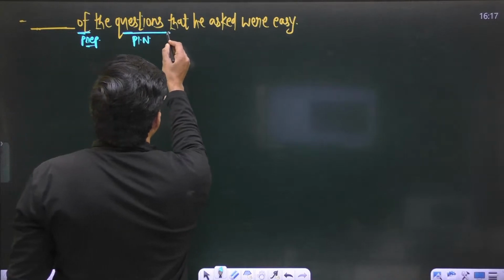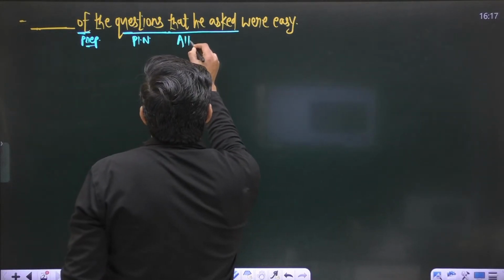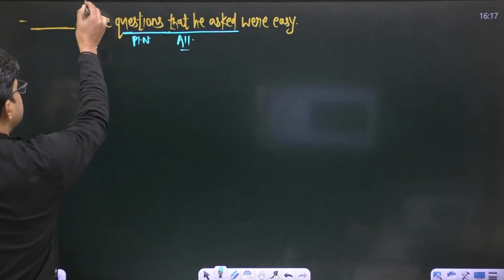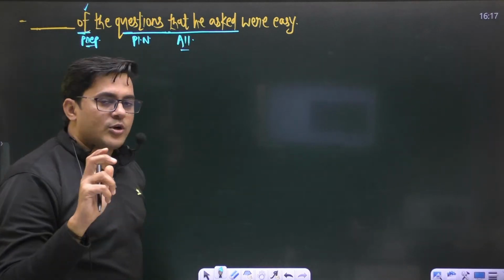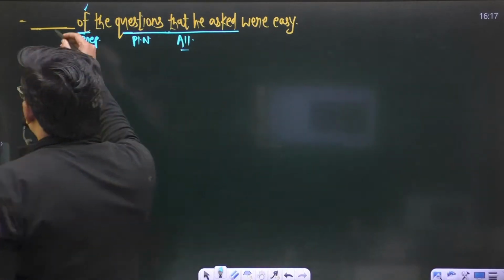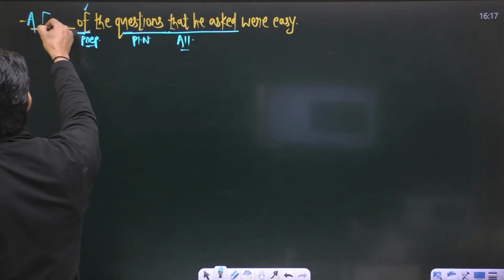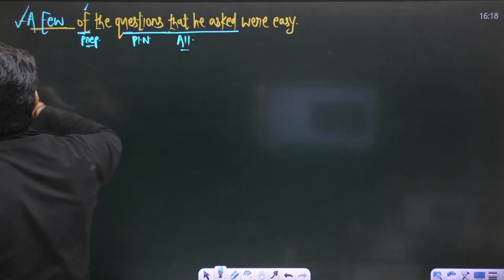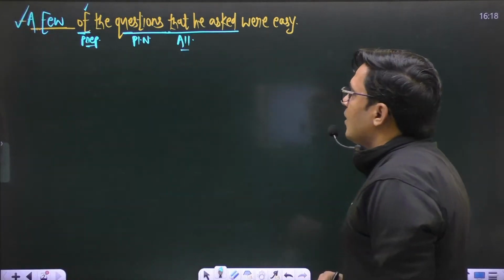With the help of the preposition "of", I'm talking about some out of all, and to denote the sense of some, we use "a few". A few of the questions that he asked were easy.